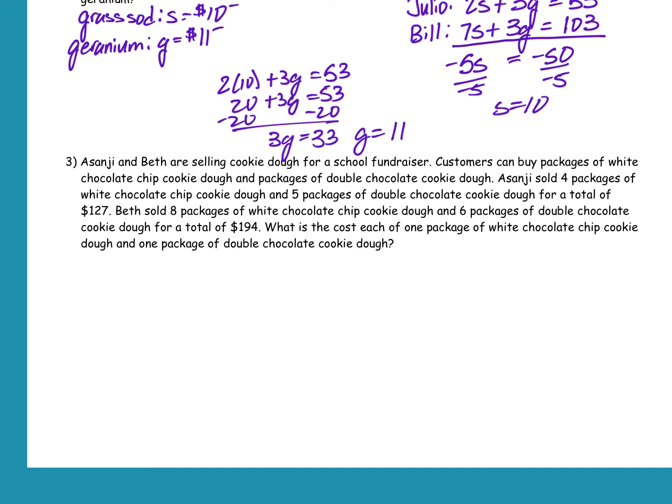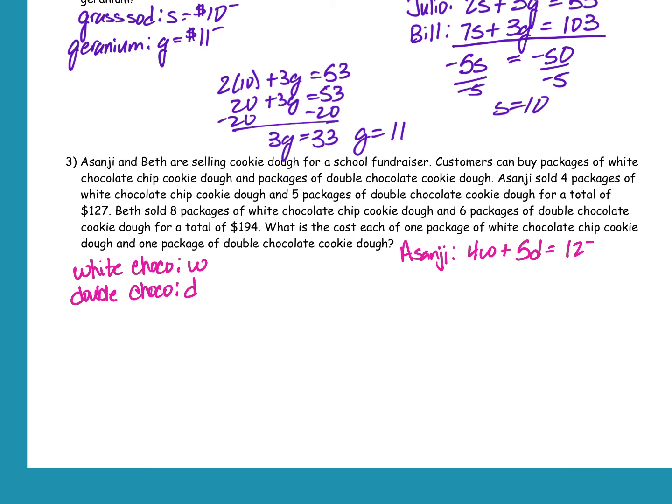Okay, so what am I looking for? You're looking for white chocolate chip and double chocolate cookie dough. So can I just call it white? I'm going to say that's W. The other one is double, and I'll use D. So we've got Asanji over here, who sold 4W plus 5D equals 127.